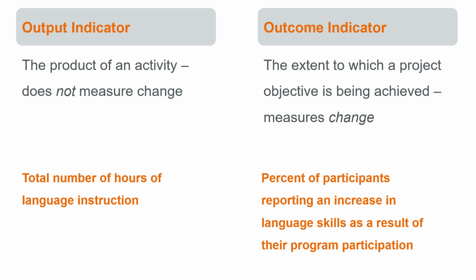When it comes to a change in the participant's language skills acquired by the participant, though, that is a step removed because while the program can be designed to give the best chance for language acquisition, that really comes down to the participant's actions. They have to have the willingness, motivation, and capacity to learn. So it would be an outcome.